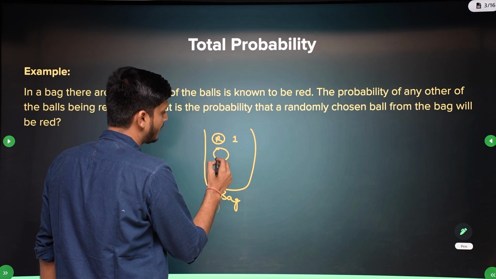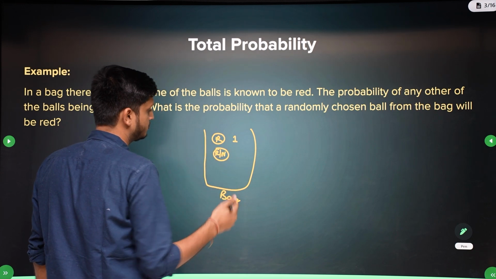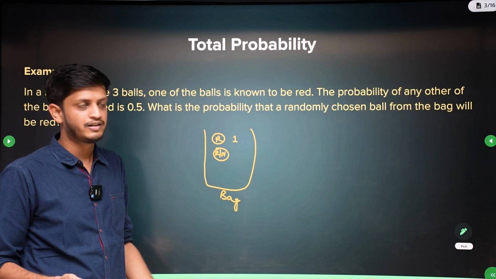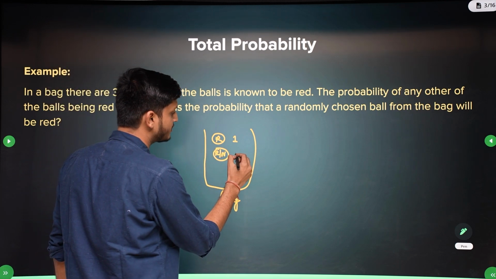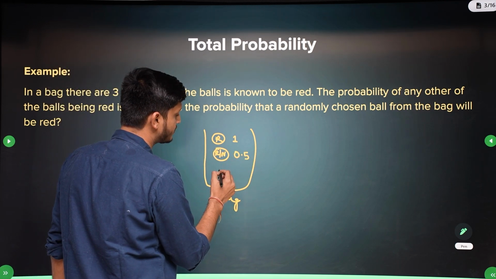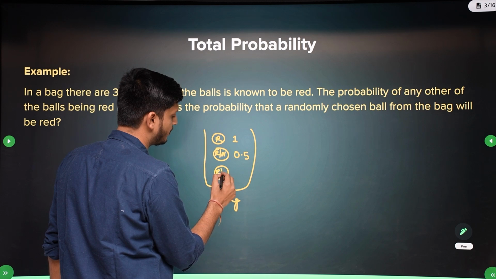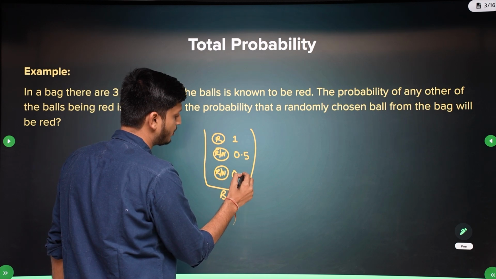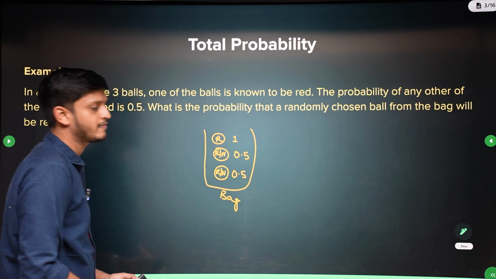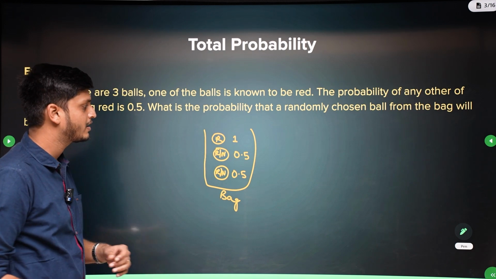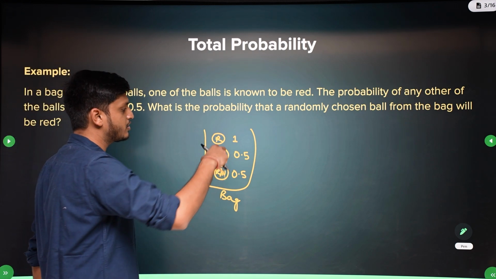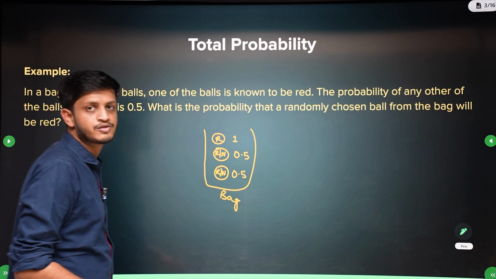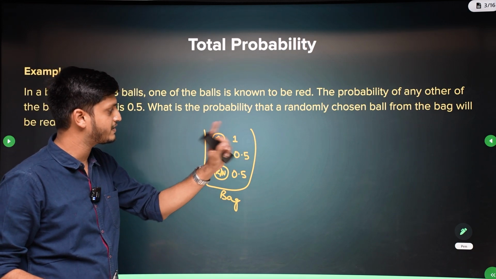Then the other ball can be red or non-red. It can be red or any other color. But the probability of this ball being red is given as 0.5. And similarly for the third ball also, it can be red or not red. The probability of this ball being red is also 0.5. Now we choose a ball at random from this bag. So what is the probability that the chosen ball is red?